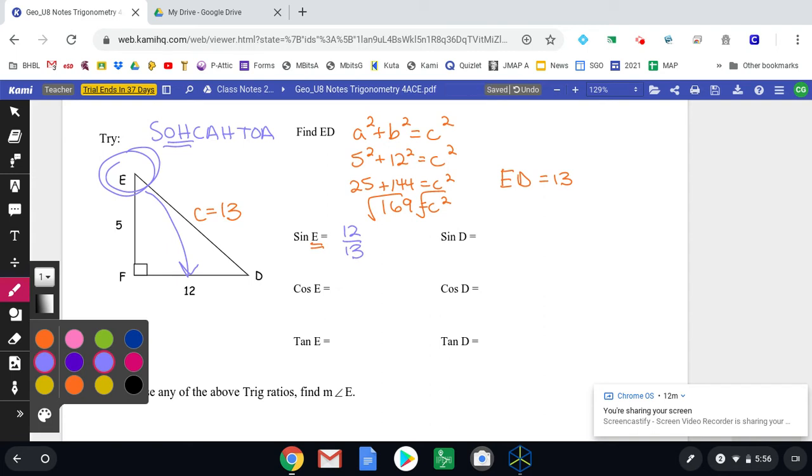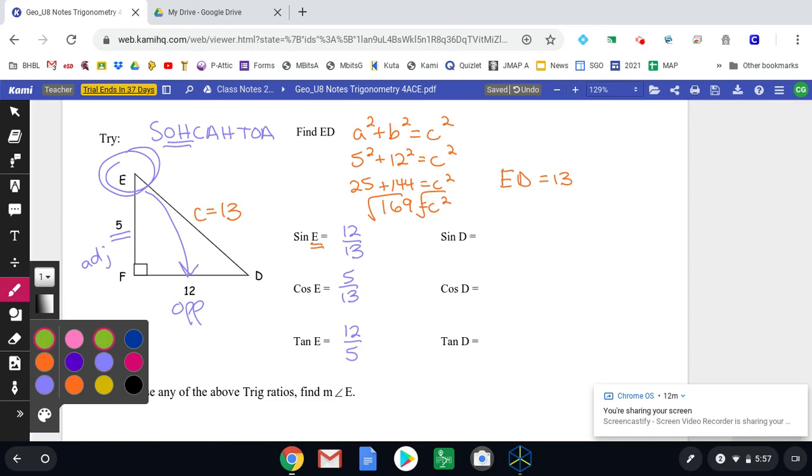My cosine of E, my adjacent, is 5 over 13. My tangent of E, I have my opposite and my adjacent, so I'd have 12 over 5.